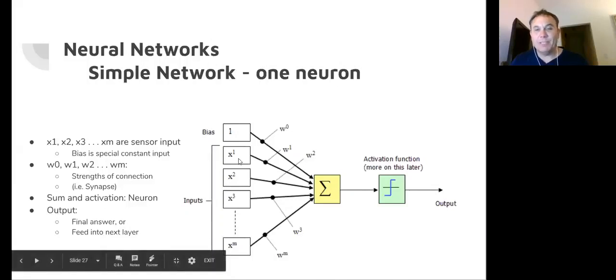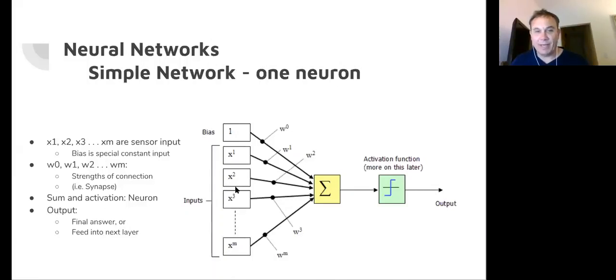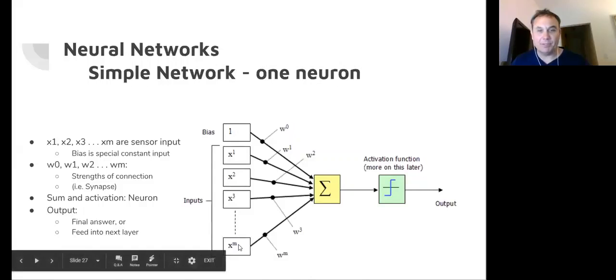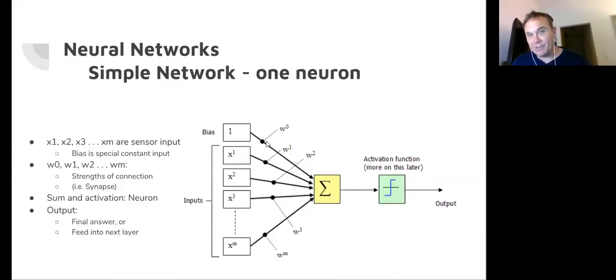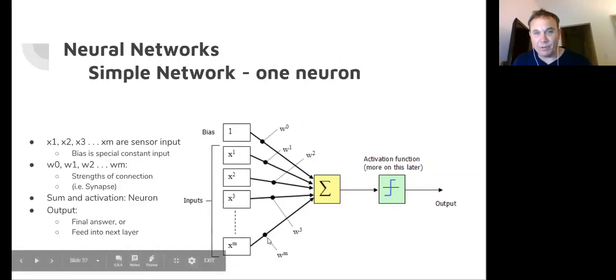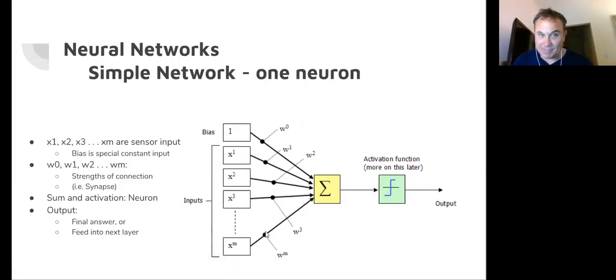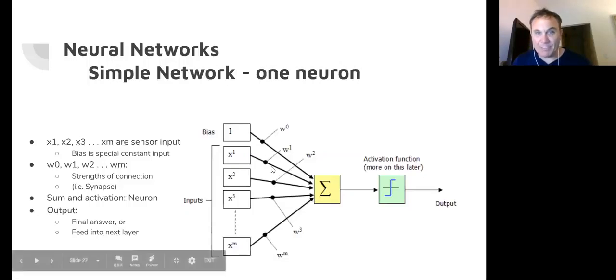Okay, so here we're generalizing. Instead of just 3 inputs, we have M inputs, and then a bias coming in. And see here it's different. They multiply the bias by a W0. They have all these weights, those synapses that are modulating that input coming into this sum, multiplying it.